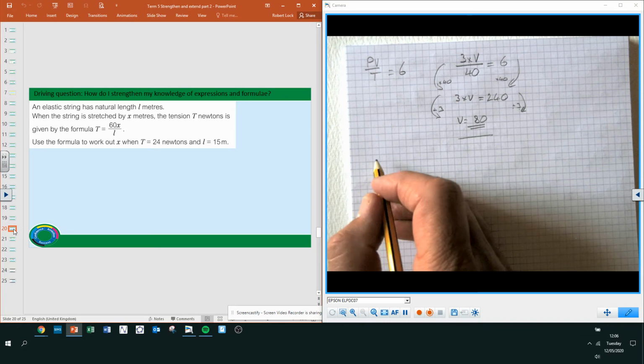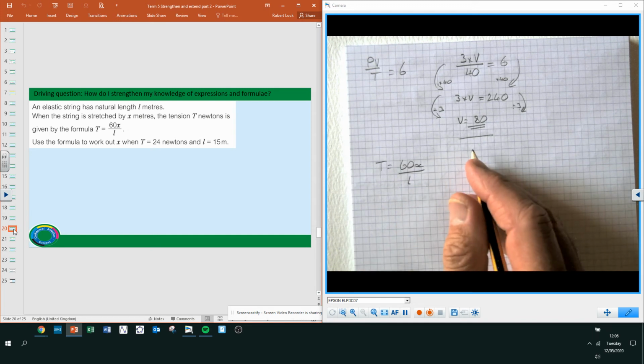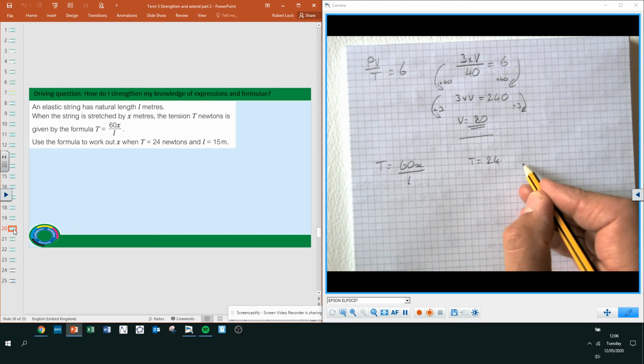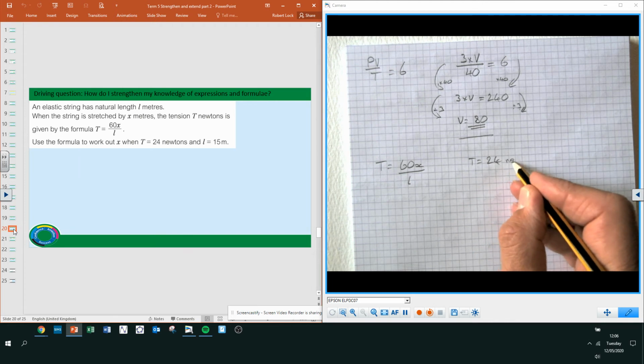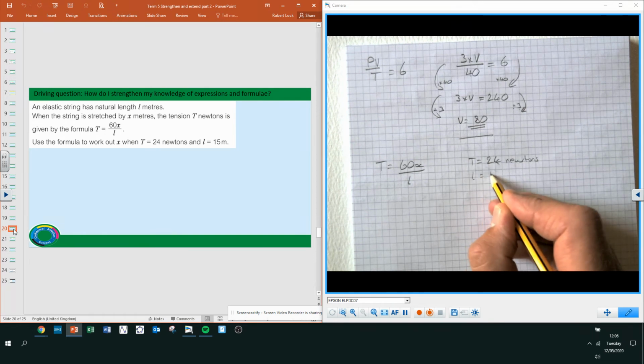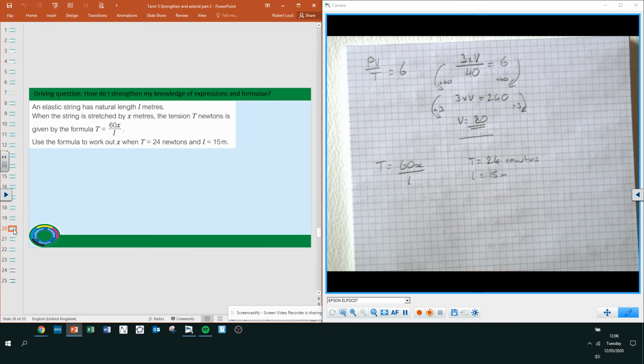So, T equals 60X over L. T equals 24 newtons and L equals 15 meters. Substitute values in here.